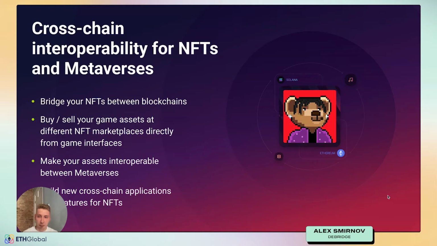So let's say you can bridge an NFT from one chain to another and in the same transaction list it in some marketplace. Or you can buy or sell game assets directly from the game interfaces without being locked to one specific chain, right? And that also allows assets to be interoperable between metaverses.